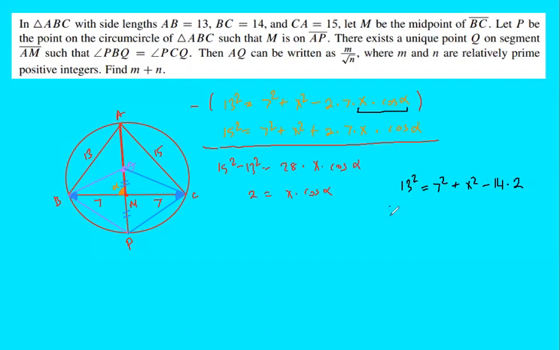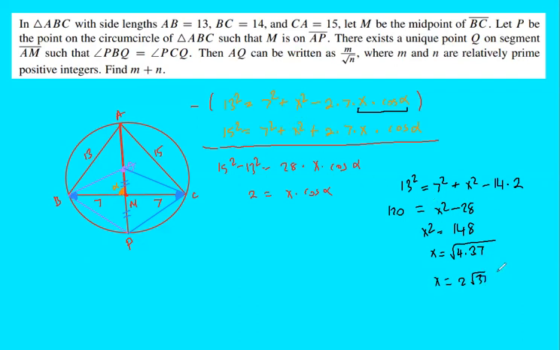If you subtract, that will be 120, which is equal to x squared minus 28. Add 28 to both sides, so you will get 148. And I guess we can pull out 4. So if I pull out 4, that should be 4 times 37. If you take the square root, x will be 2 root 37.